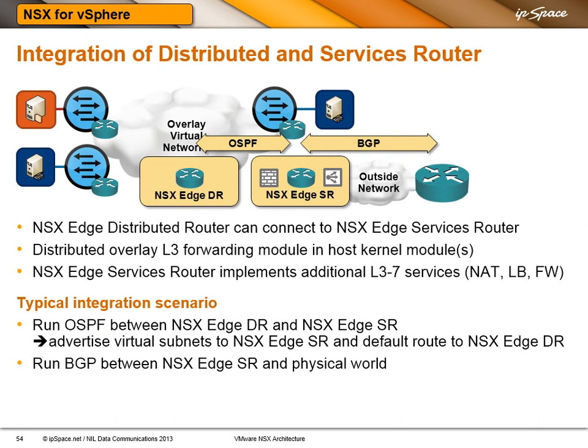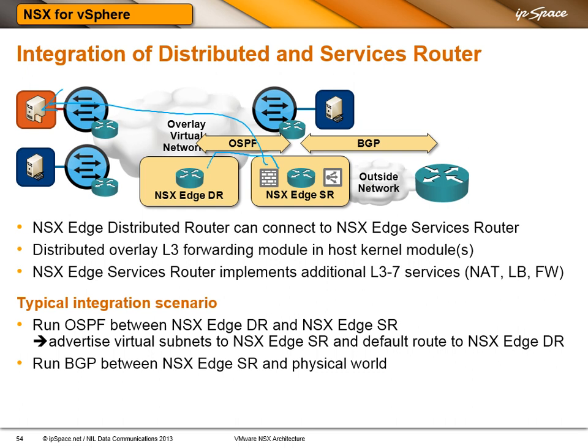If you need services like NAT, then you have to connect the distributed router with the services router. So how do you do that? Well, you create an extra VXLAN segment and you connect the two virtually over this extra VXLAN segment so that they can run routing protocols. And then the forwarding bypasses the distributed router and goes straight from the edge services router to the VM using the Layer 3 forwarding modules in the hypervisors.